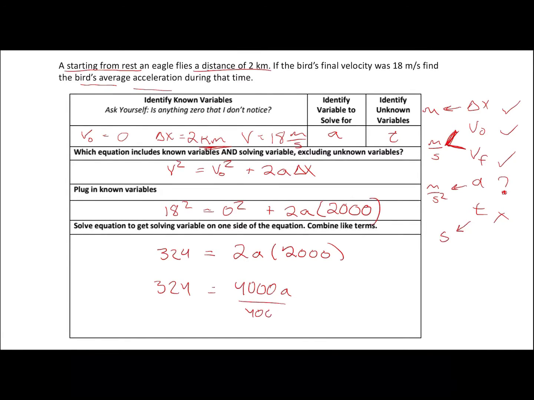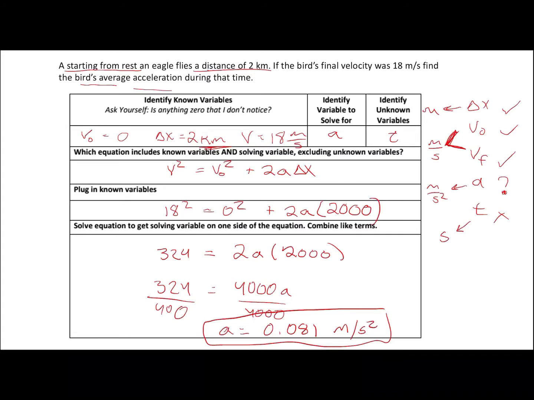Divide both sides by 4,000. We got ourselves an answer. You can see we're going to have a small acceleration of 0.081 meters per second squared, which is our correct unit of acceleration. All right, so just from a few individual known variables, we can solve for our unknown.